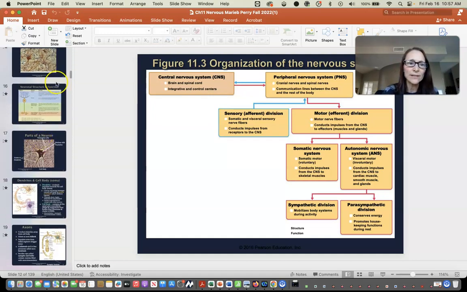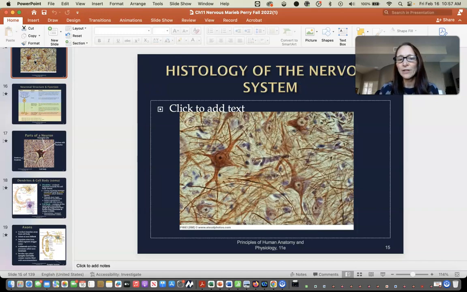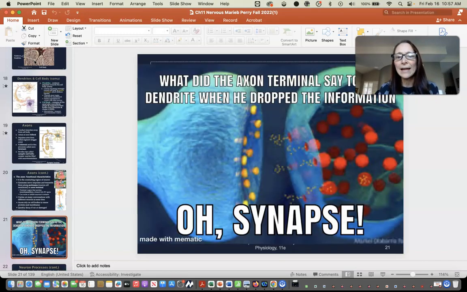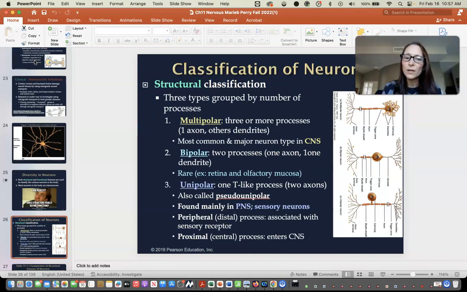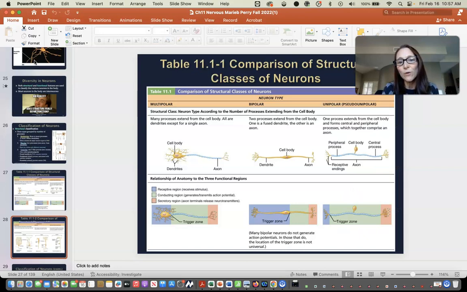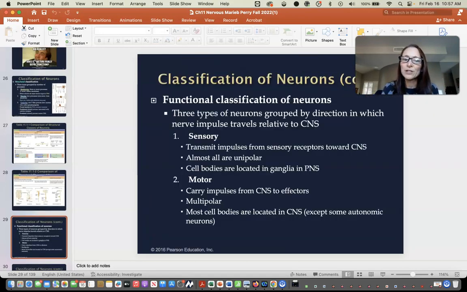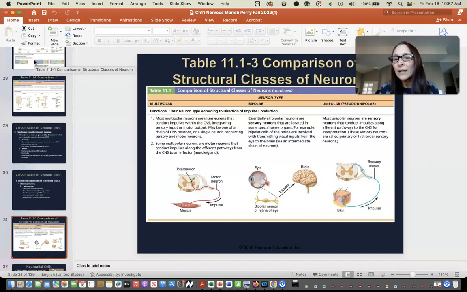Then we get into the histology of the nervous system, and we go through that. So hopefully some of that will be a review. Some of it's going to be new, especially as we get into the different types of neurons, and they're going to classify them structurally, which they do here, and then also functionally. So there's the functional classification, sensory versus motor, so interneurons.